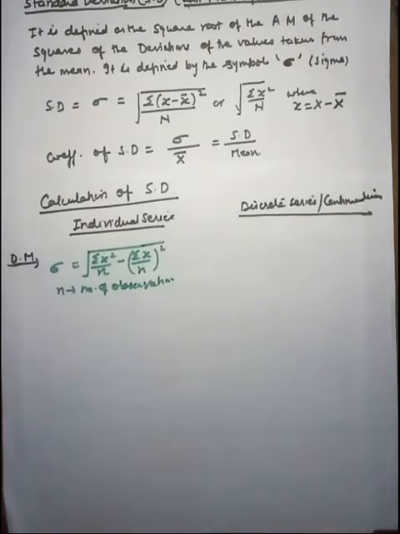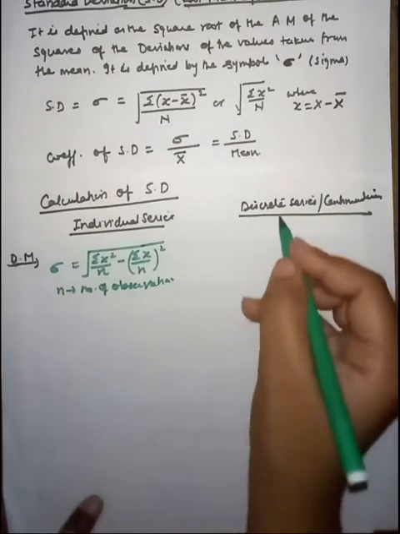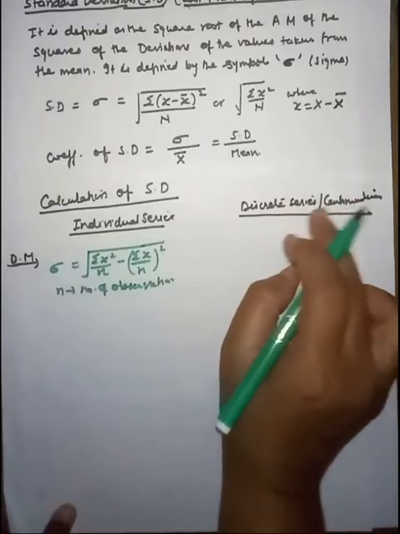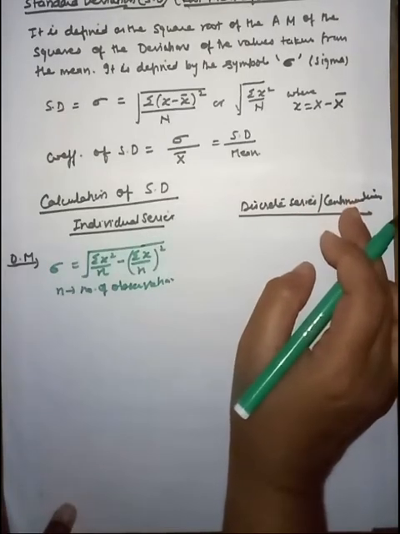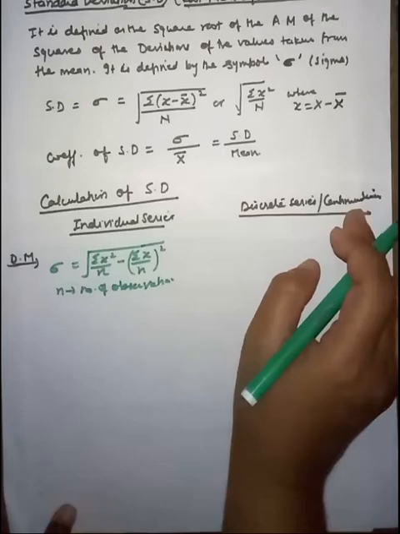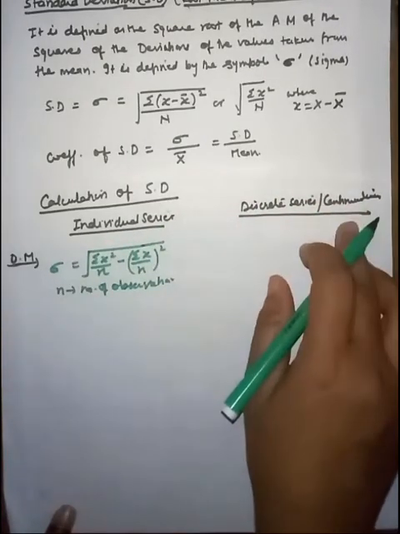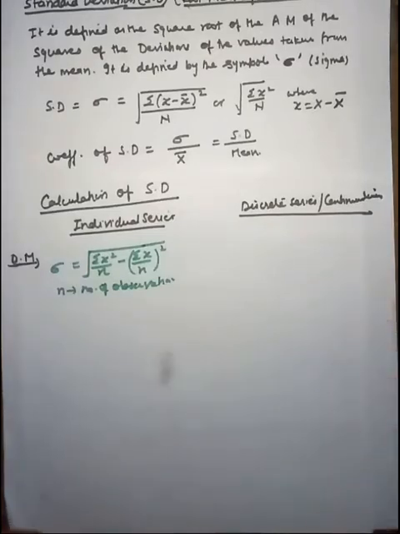And for discrete series, as you know, x and f are involved, and for continuous series class interval and frequency are involved. In individual series frequency is not involved, while in discrete and continuous series frequency is involved, right friend?